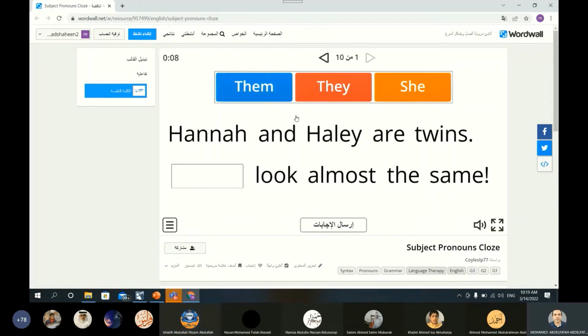Choose between them, they, or she. Hannah and Helly are twins. They look almost the same. They. Students, do you agree that the correct answer is they?